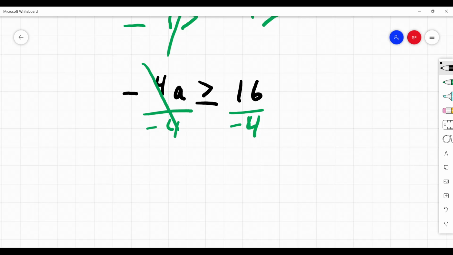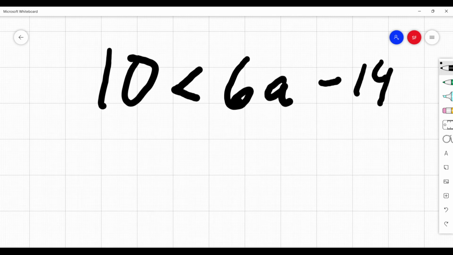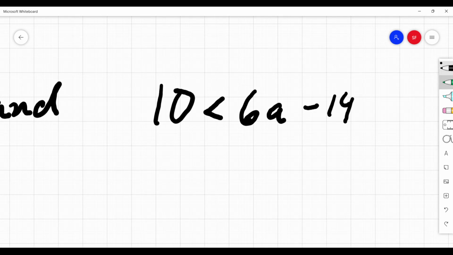So what do we end up with? a is less than or equal to negative 4. Okay, so there's half of it. What are we going to do up here? Add 14.